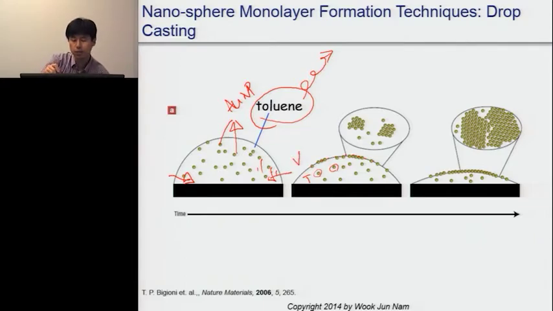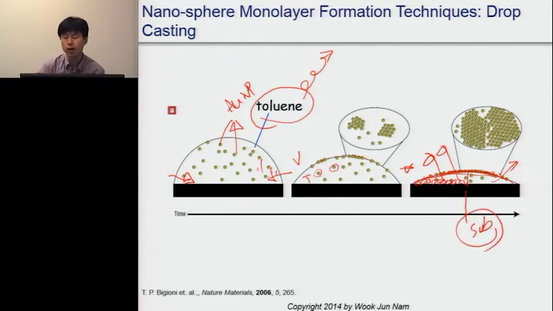As the volume gets much smaller, the density of the gold nanoparticles at this interface gets higher and higher. And as the toluene is all evaporated, all these well-aligned gold nanoparticles eventually deposit as a film on the substrate.